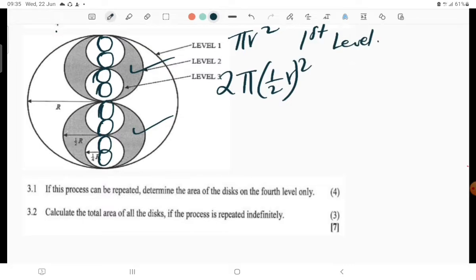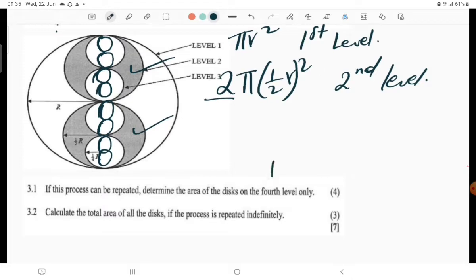So this one is the second level. Because we have two of them, that is why we say 2 times pi r squared, and r is half r on its own. So you just need a little bit of analysis. So this is the second level.